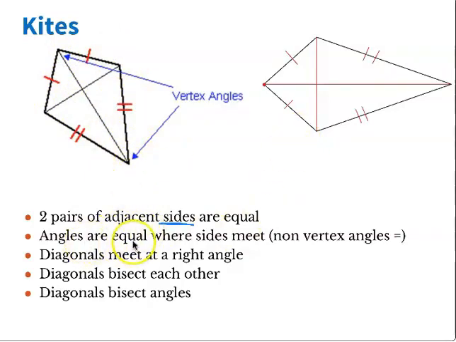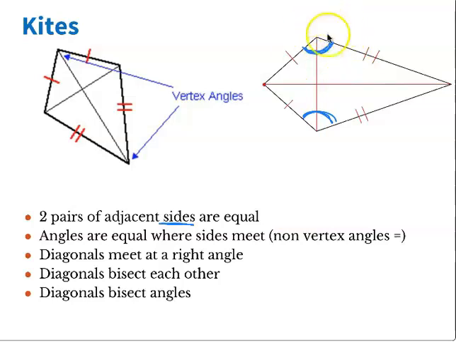The angles are going to be equal where the unequal sides meet. So this angle here and this angle here are going to be equal. Our non-vertex angles are equal. This angle and this angle are not congruent.